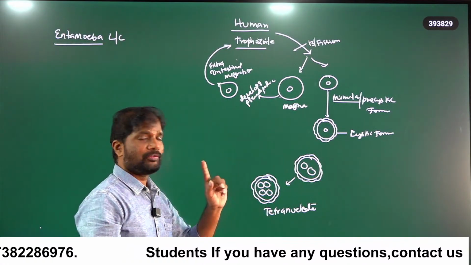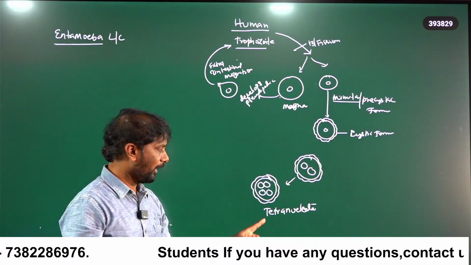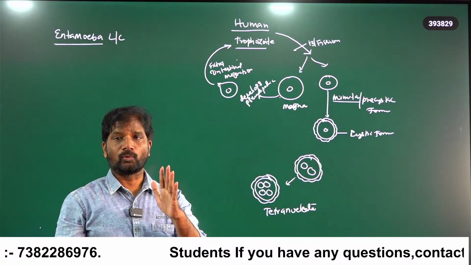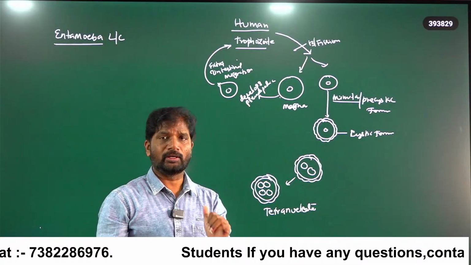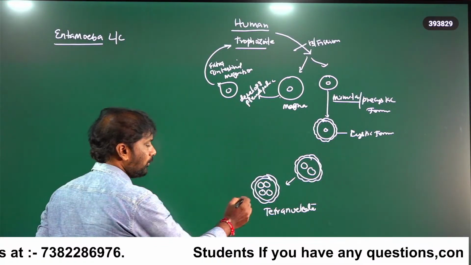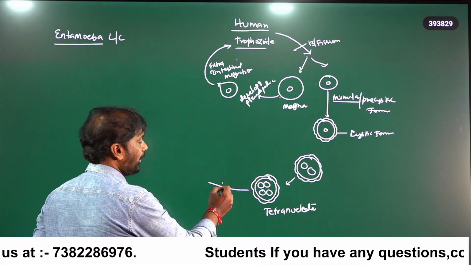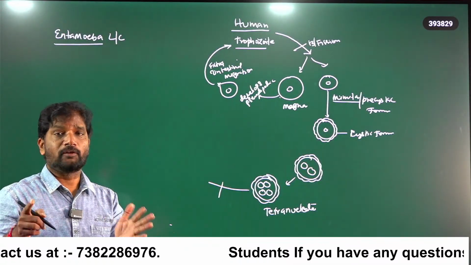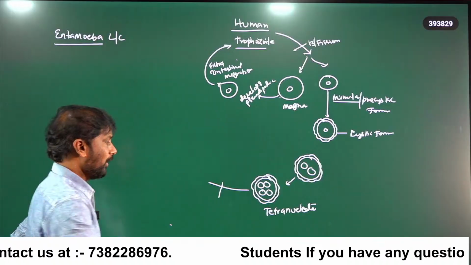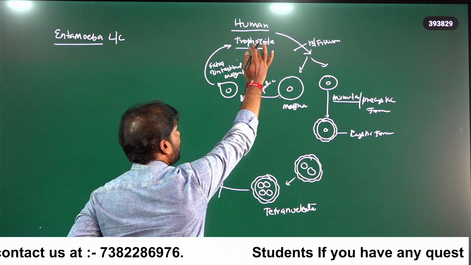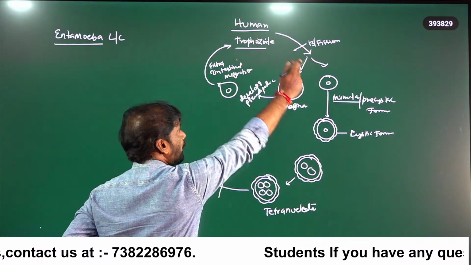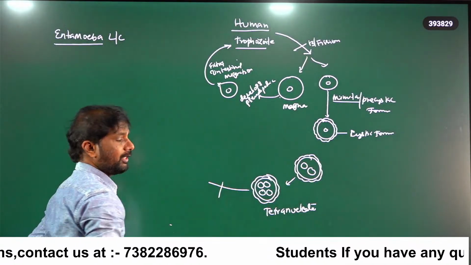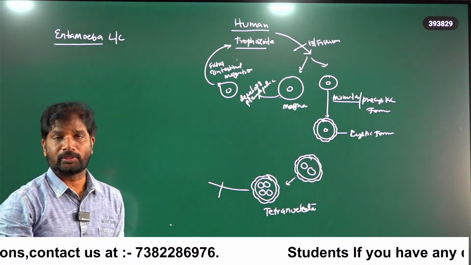Now this cystic stage is known as the tetranucleate stage. As you already know, the tetranucleate stage is known as the infective stage. Now in this human being, what is present? Now the tetranucleate stage is present.